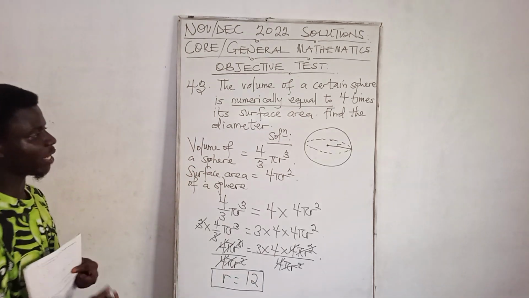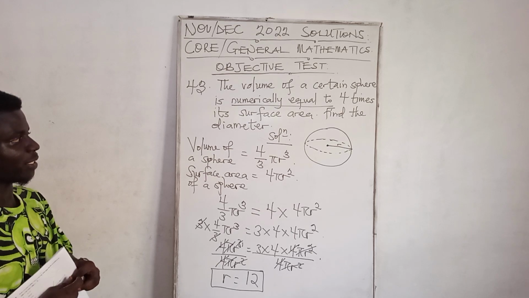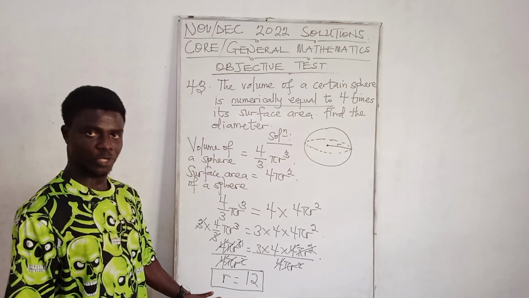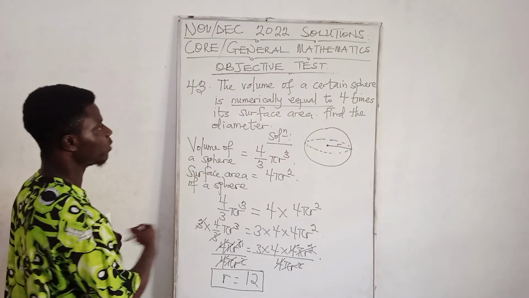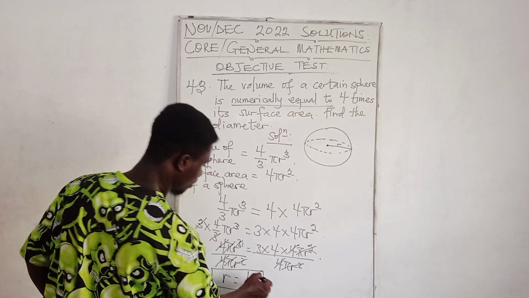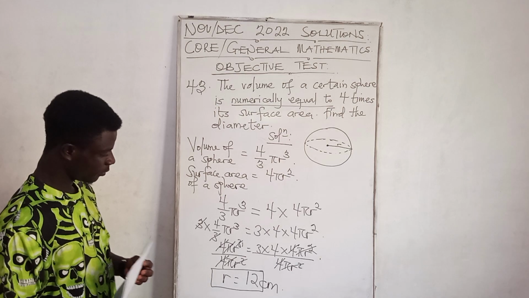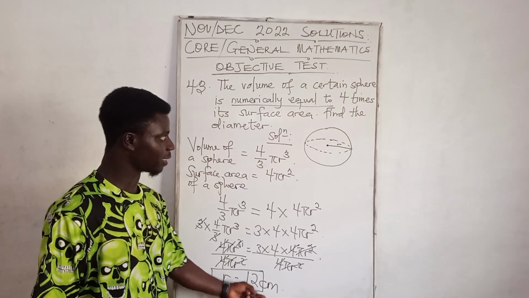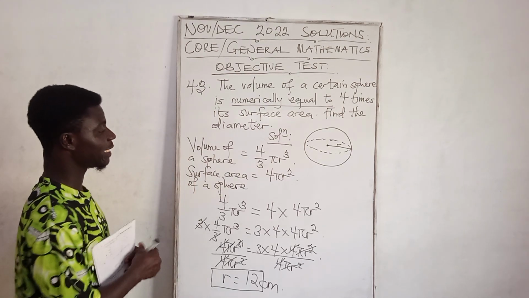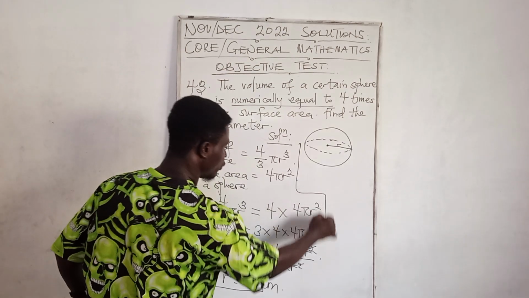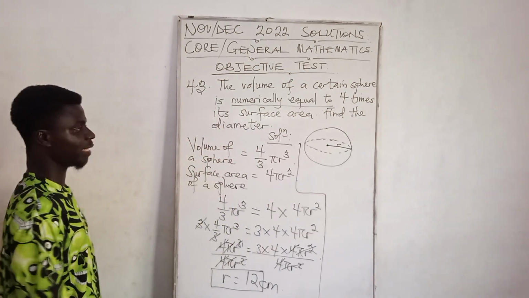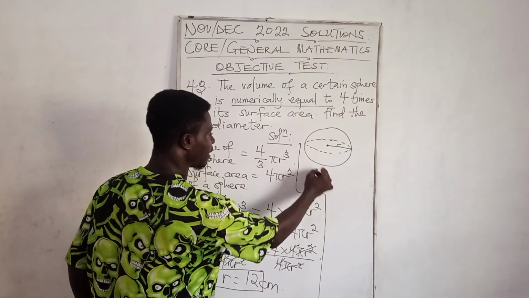So this one is the radius, not the diameter. The radius is 12 centimeters. But they said we should find the diameter, not the radius. The question says find the diameter. And how do we find the diameter?